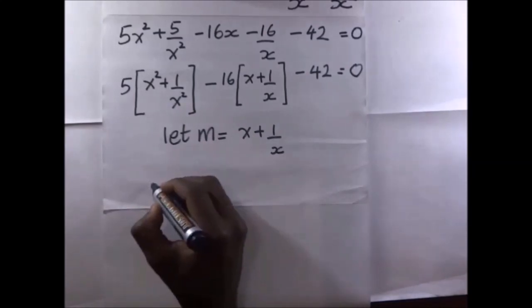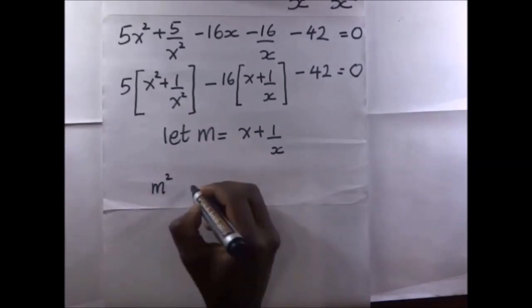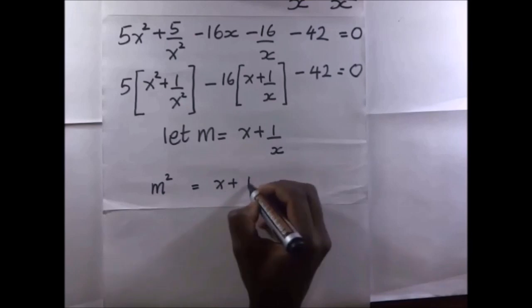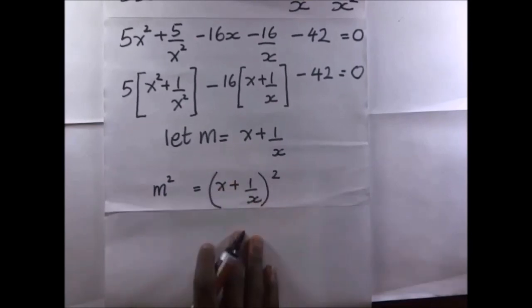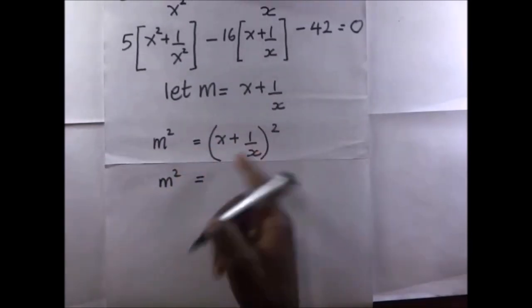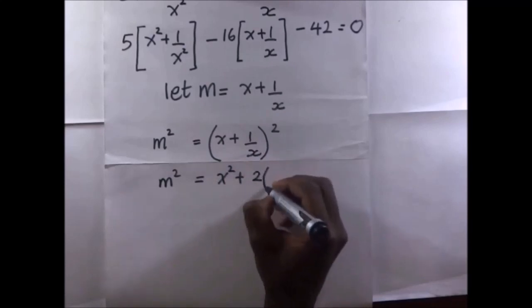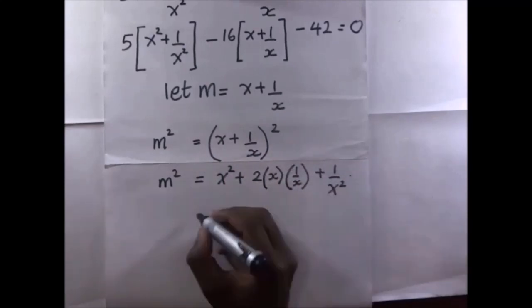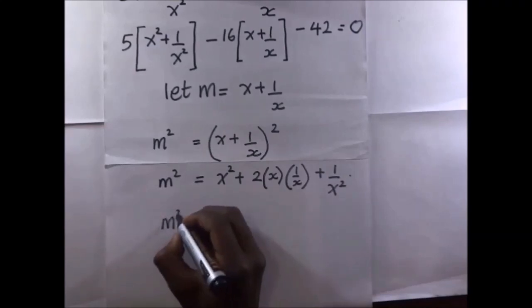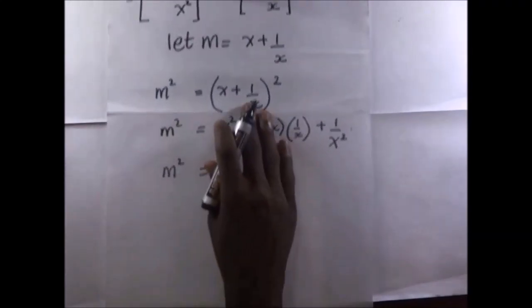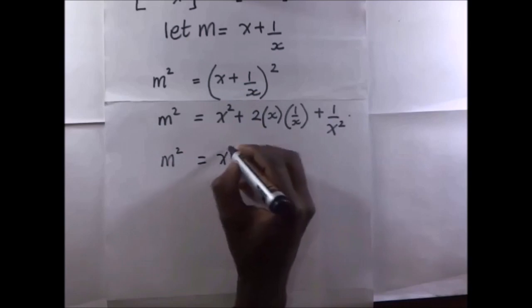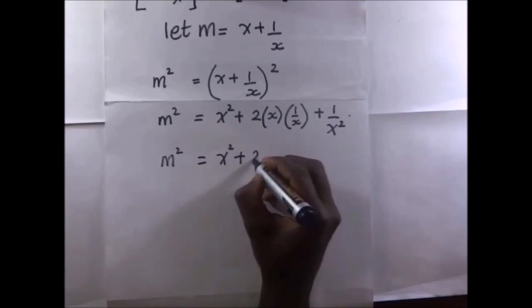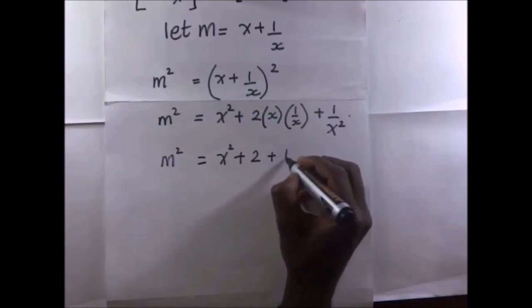Now what about this? Let's try and square m. m squared will be equal to x squared plus 2 plus 1 over x squared. So if we make it look like this, m is equal to x plus 1 over x.